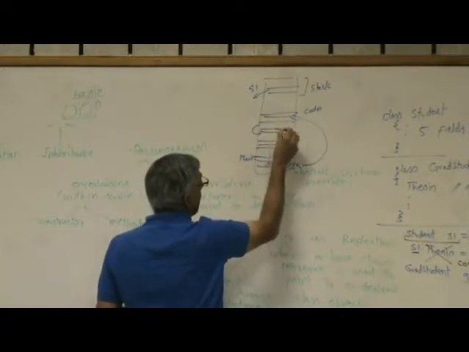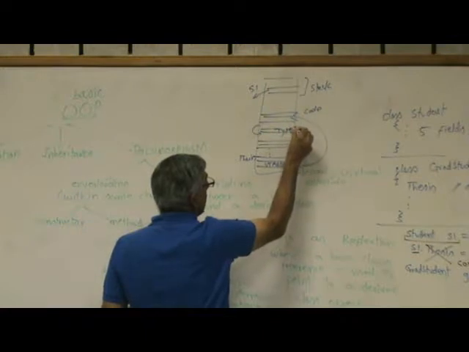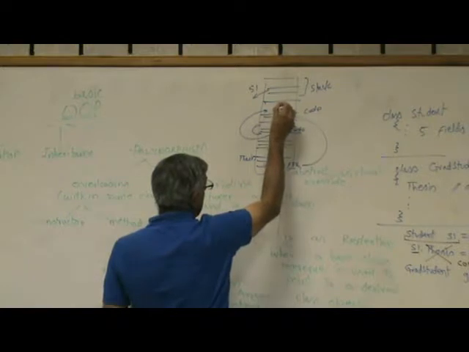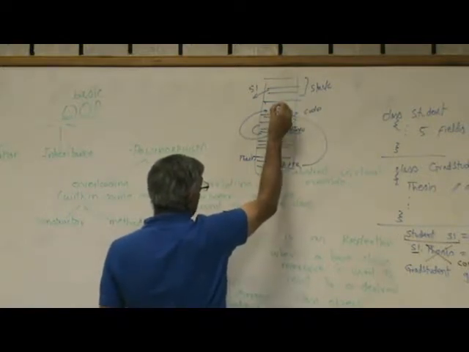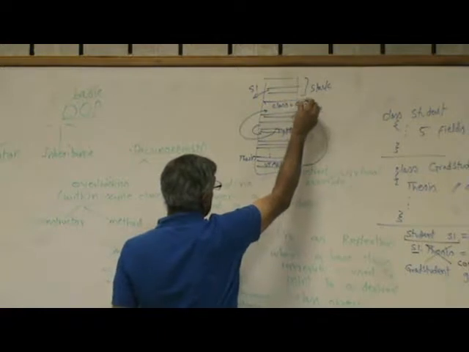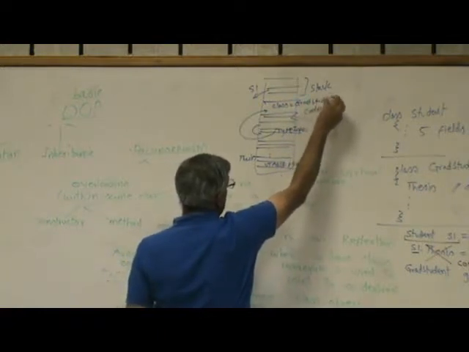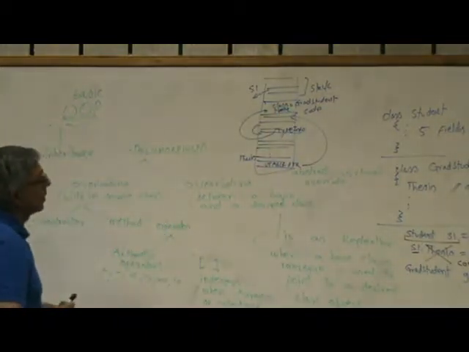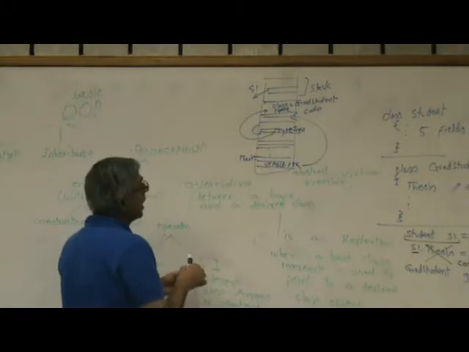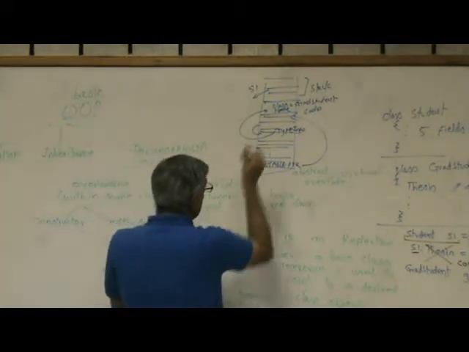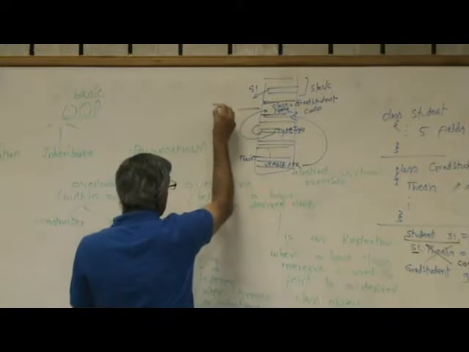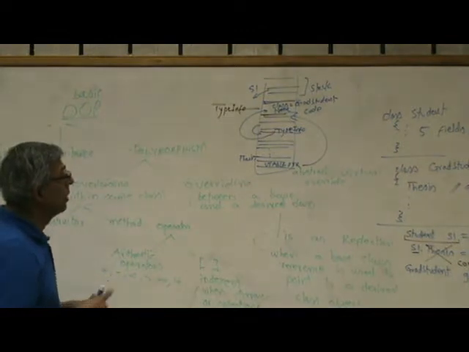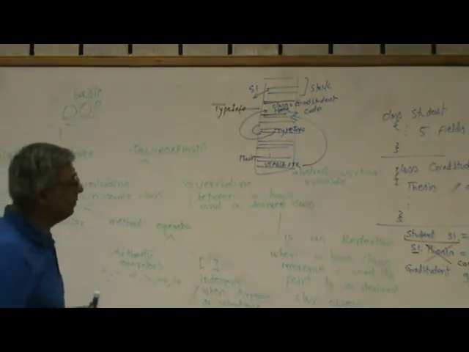One of them will be the type info pointer, okay, which will further go to the type info, and in the type info there will be something like class equal to, let's say, grad student, or name equal to grad student, right? So anyway, this is our type info section in the code area in the memory of the computer. For every class there will be one type info, right?